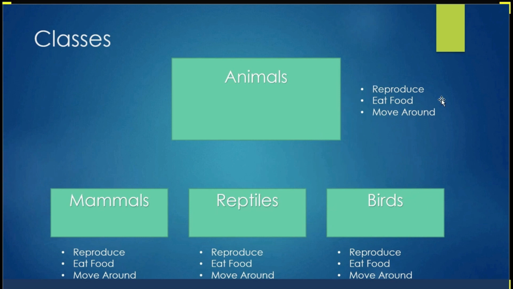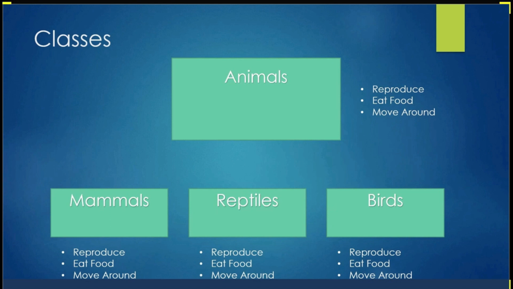So, these characteristics, which are already under the animals, are inherited by these mammals, reptiles, and birds. They can do all those things. So we can safely say that all of these specific types of animals also reproduce, they also eat food, and they can also move around.